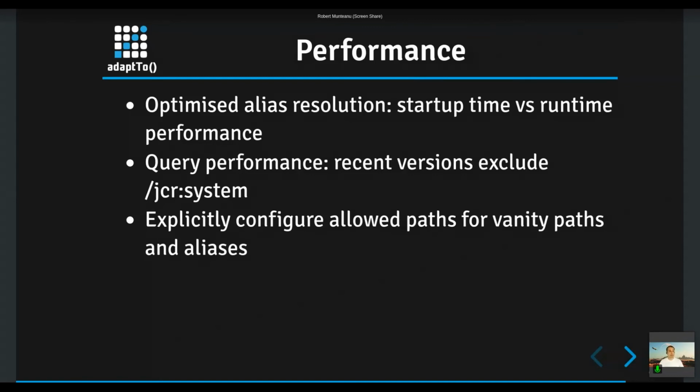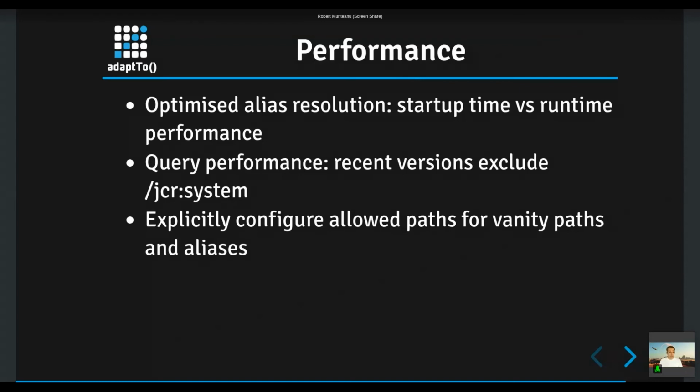So if you're using versions for your content, like AEM does for pages, for instance, you would activate pages, and if those pages had vanity paths and aliases, those would get saved under jcr:system version storage. And at startup, when Sling would be coming up, they would be found by the query and then discarded. So that's one reason to update to recent versions of the resource resolver.